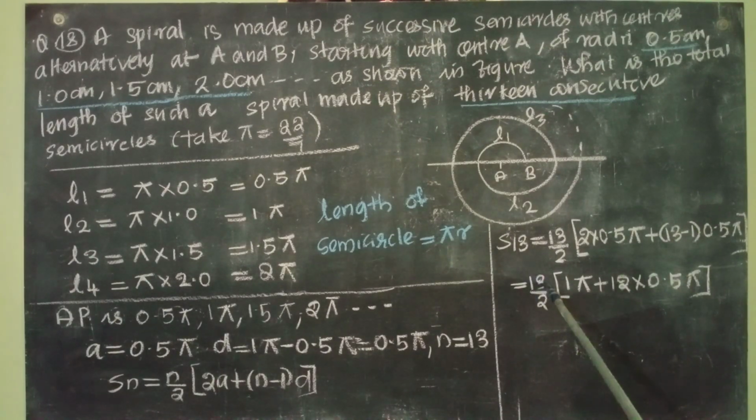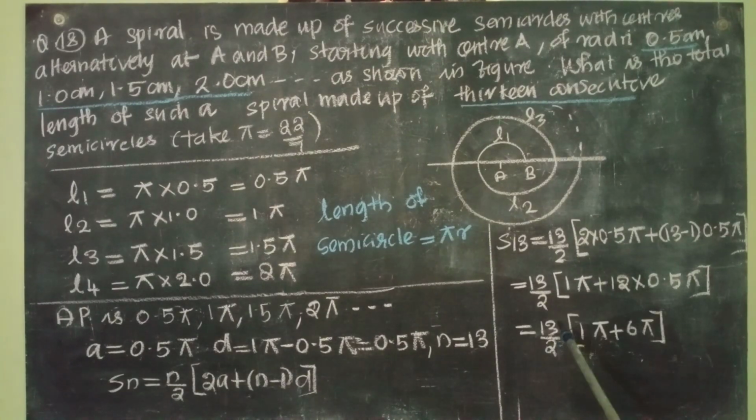So that is 13 by 2 into 1 pi plus 12 into 0.5 pi. Multiplying 12 into 0.5 pi first, we get 13 by 2 into 1 pi plus 6 pi, which is 13 by 2 into 7 pi.